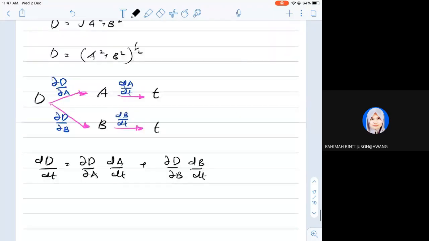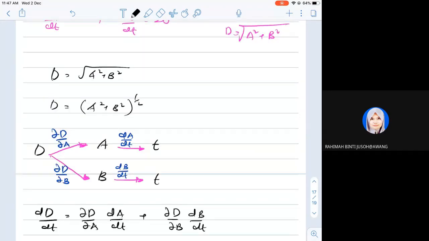Of course we need to find del D over del A. Guys, this is your D. Del D over del A equals 1 over 2 times A squared plus B squared to the power of negative half, multiplied by 2A.